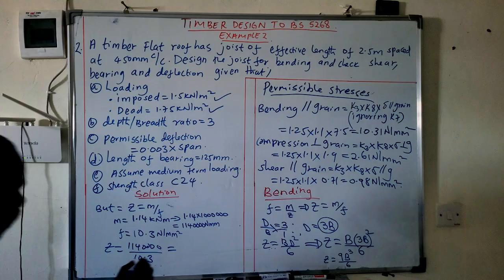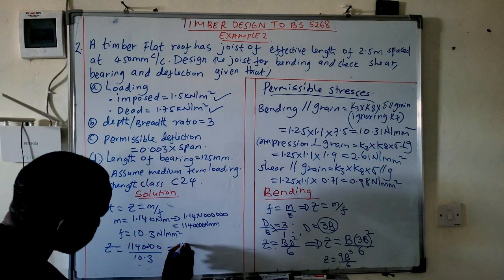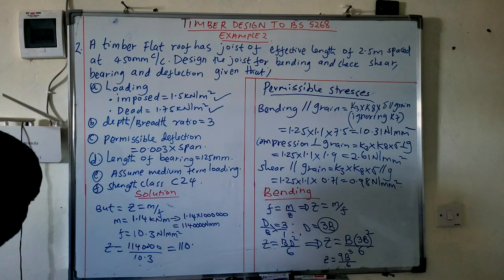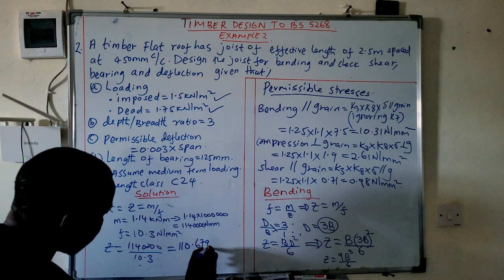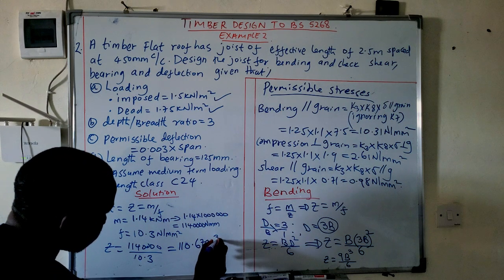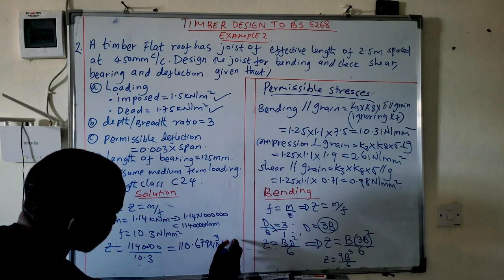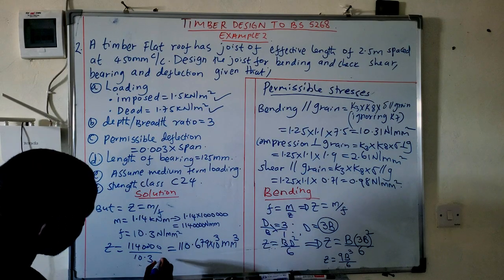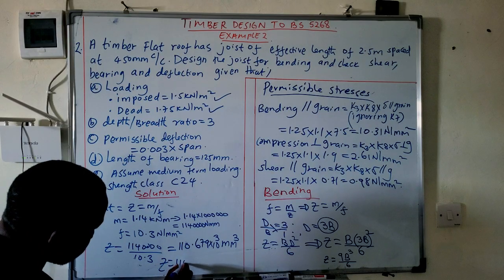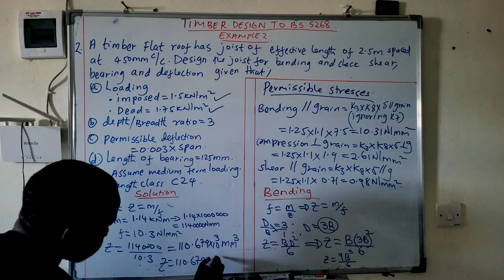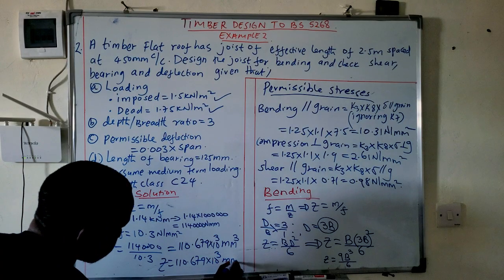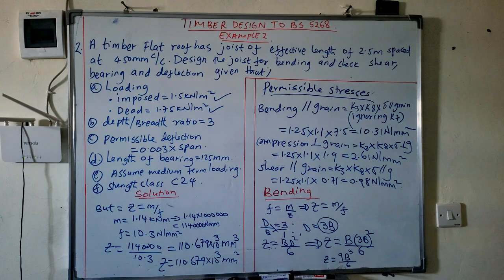So the final answer is 110.679 times 10 raised to power 3 millimeter cube. So this is our Z.